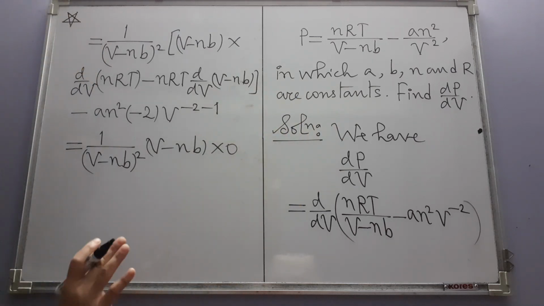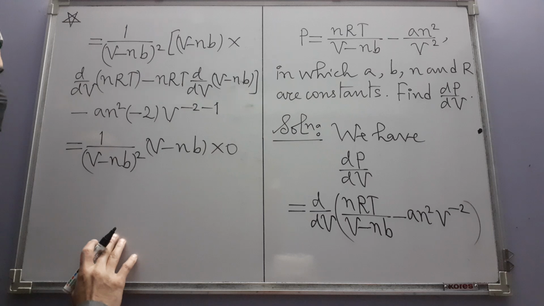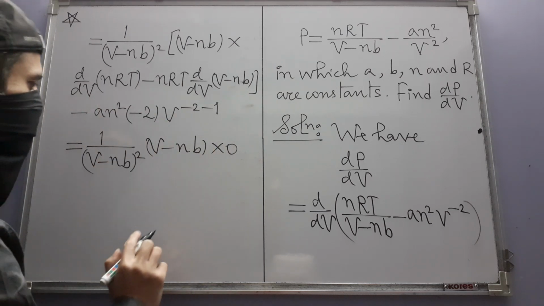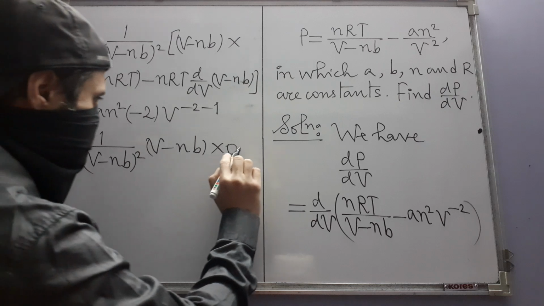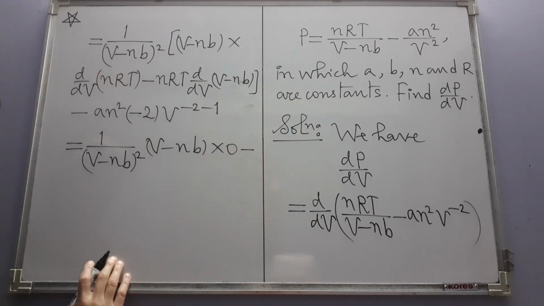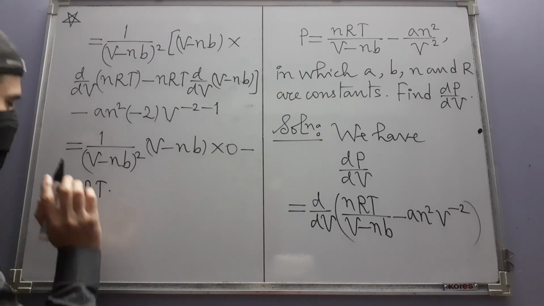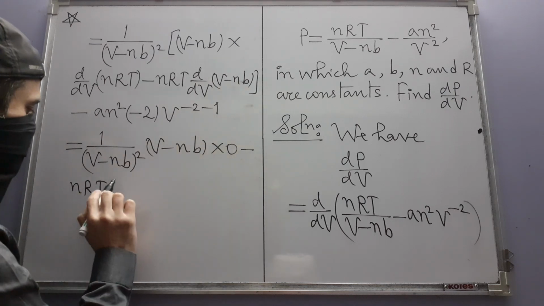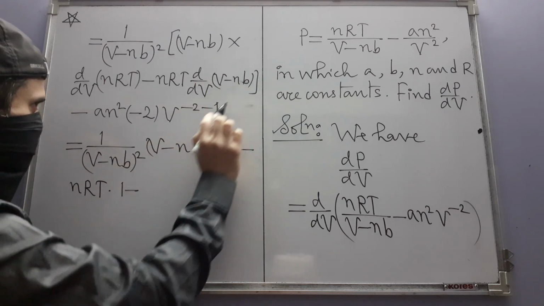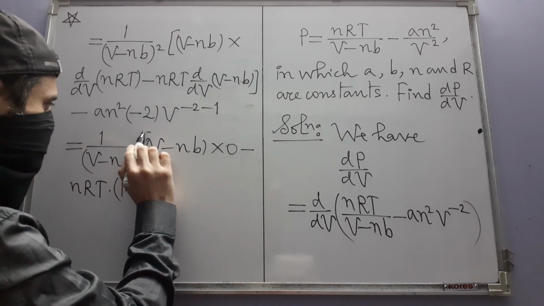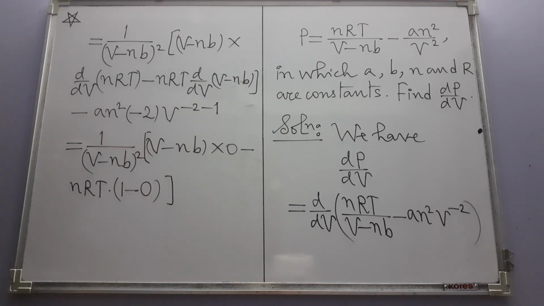So the temperature doesn't change even when volume changes, and that's why this derivative is 0. Minus nRT times differentiating V we get 1, differentiating nb we get 0. So this is our first term.